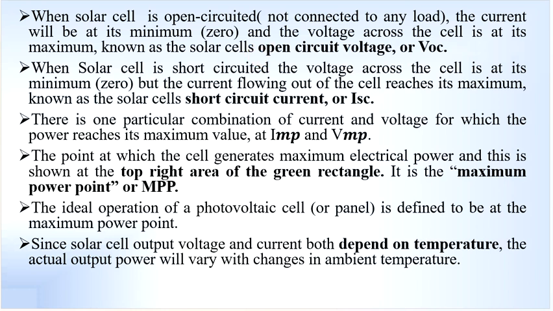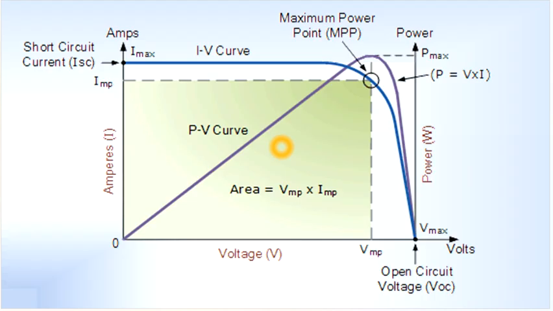And when the solar cell is short circuited, the voltage across the cell is at its minimum, that is 0, and the current will be maximum, known as the short circuit current of that particular cell. And there is one particular combination of current and voltage for which the power reaches its maximum value, and the values of current and voltage at that maximum power are known as maximum current as well as maximum voltage. That can be observed here.